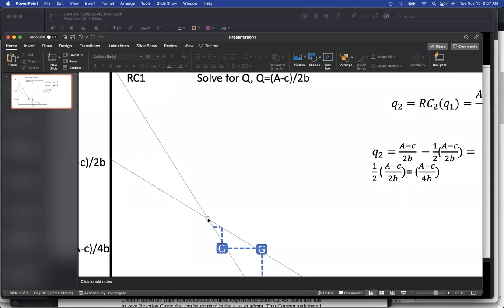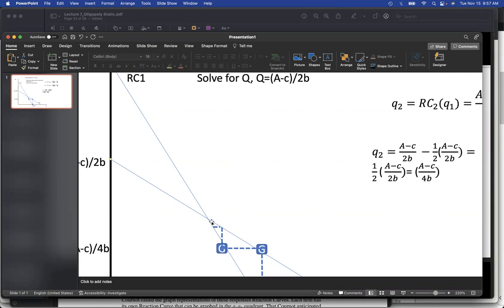Now, the intersection is also what's called the Nash equilibrium because it fulfills the definition of Nash equilibrium. Pag ito yung Q1, Q2 is the correct response or the optimal response to that Q1. And from the perspective of firm 1, Q1 is the optimal response to that same Q2.